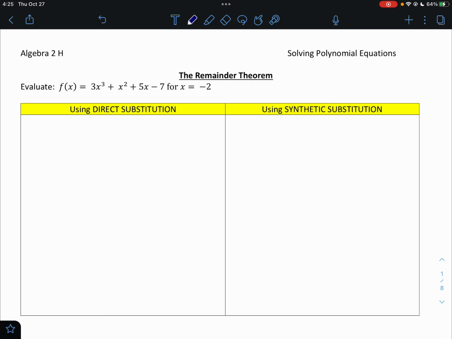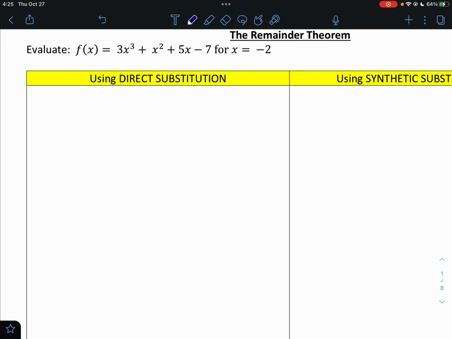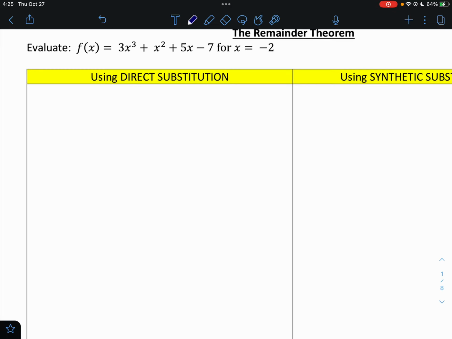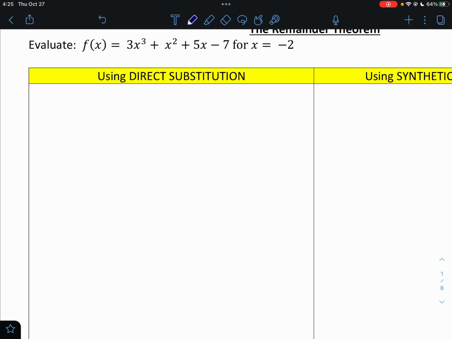So first of all, the remainder theorem, it's just another way for us to find a value of a function given an independent value. The old way of doing this, if I asked for finding the value of f of x at -2, we would simply take -2 and put that everywhere we see an x.